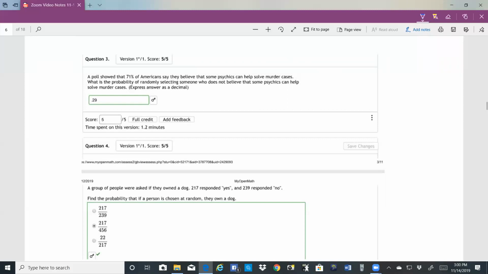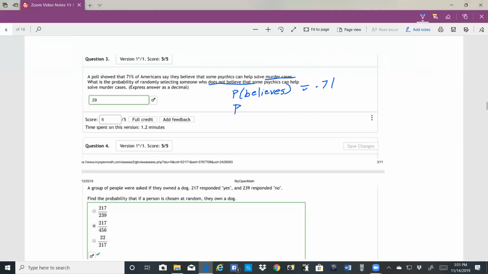We have a poll showing that 71% of Americans say they believe that some psychics can help solve murder cases. What's the probability of randomly selecting someone who does not believe that some psychics can help solve murder cases? Well, the probability that someone believes is equal to 0.71.